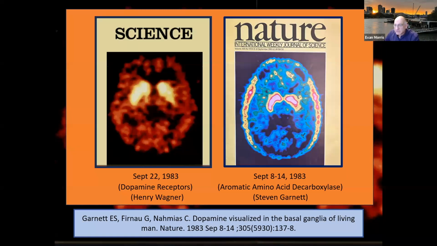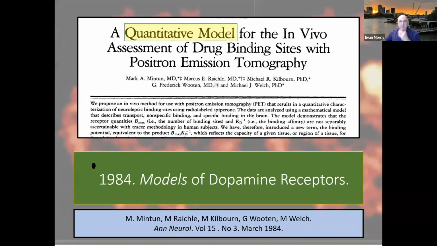Okay, now back to my story. So the year after those two papers, Mark Minton introduced a quantitative model, which I'm calling a model of dopamine receptors. You'll see in a moment the distinctions I want to make.